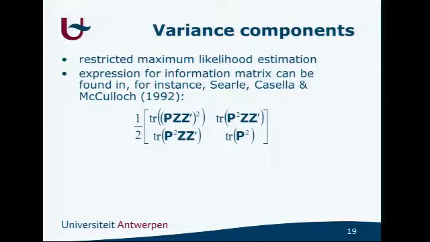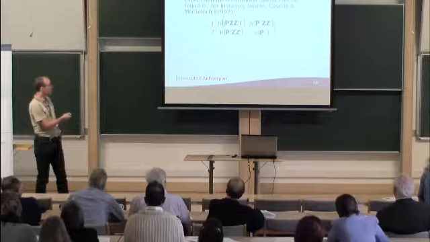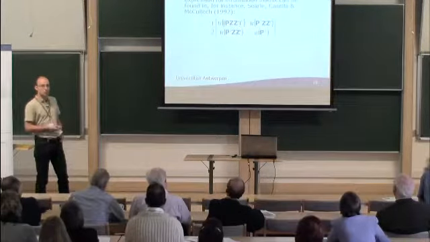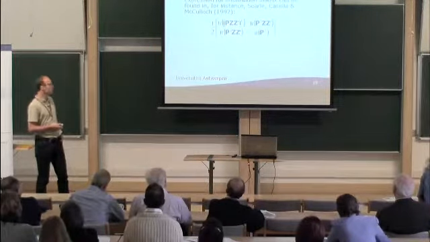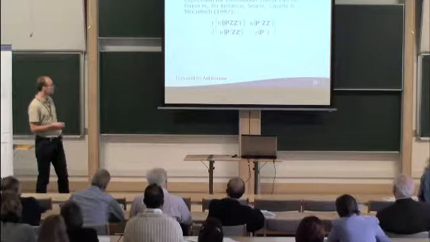Expressions for the information matrix can be found in various places. For example, in the book by Searle, Casella, and McCulloch. There you can find general information matrices for restricted maximum likelihood. And if you then turn this general information matrix that you can find in the book into the specific information matrix for split plot experiments and for blocked experiments, this is what you get. A 2x2 information matrix, because we have 2 variance components, of course.